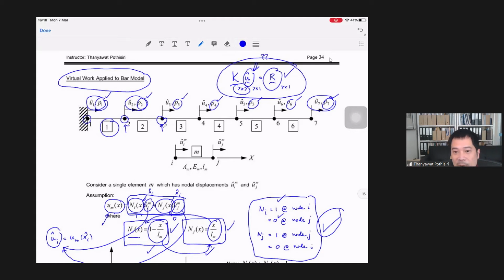Can we solve for the unknown nodal displacements if you know all the nodal force components?